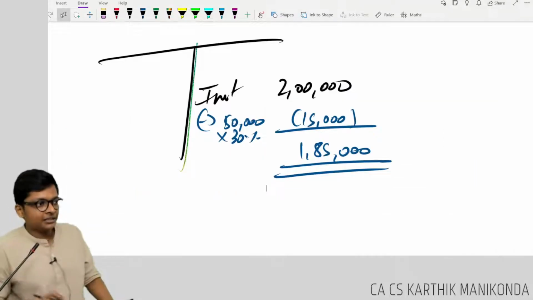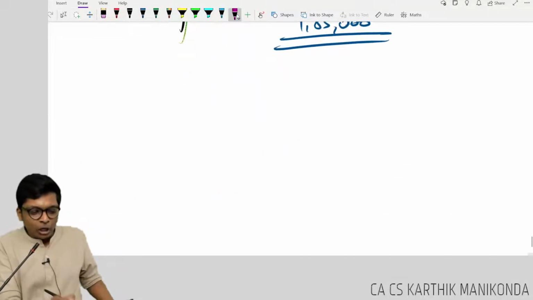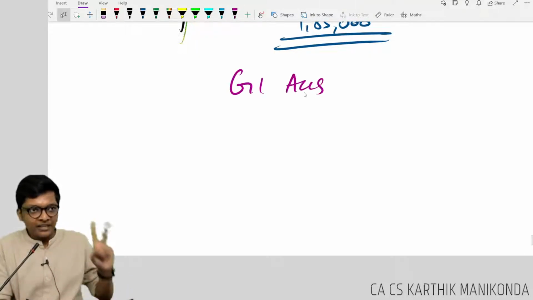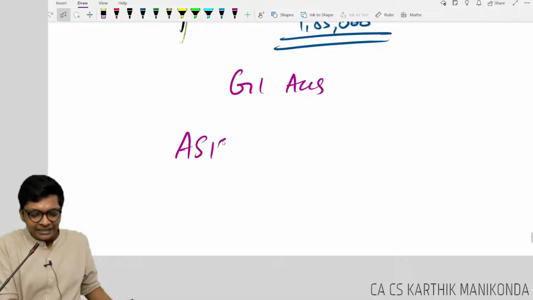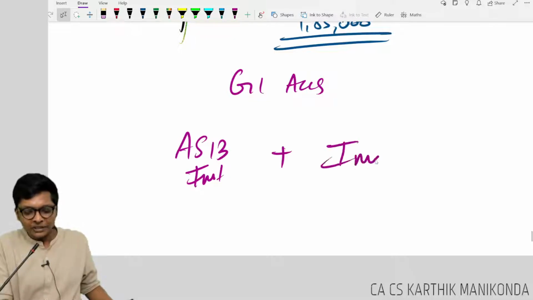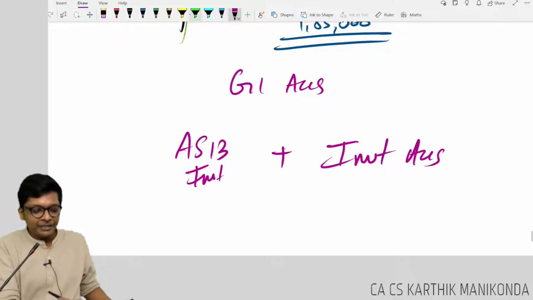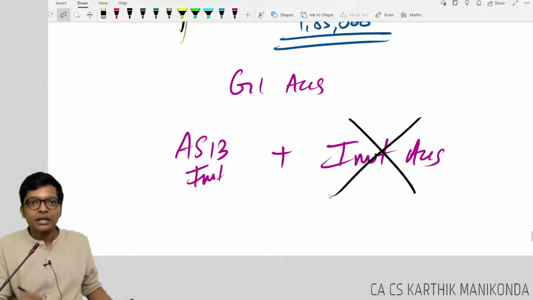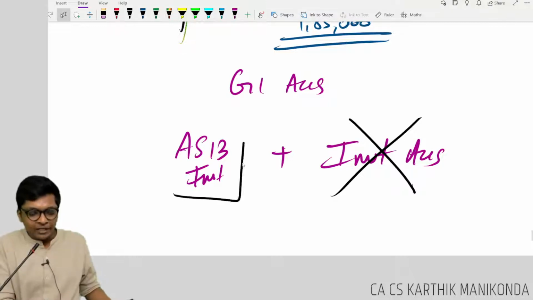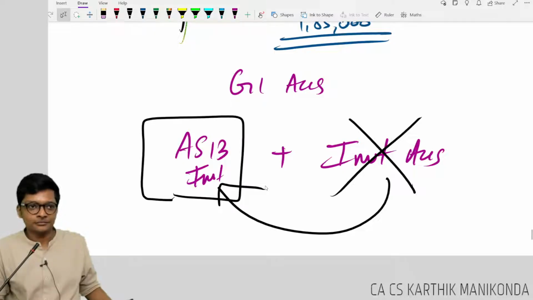In old syllabus, I'll tell you, small detour, follow guys. In old syllabus Group 1 accounts, we had 2 chapters, AS 13 investments plus one more separate chapter called investment accounts. In new syllabus, they removed investment accounts and they have only AS 13, but this also is there in AS 13.